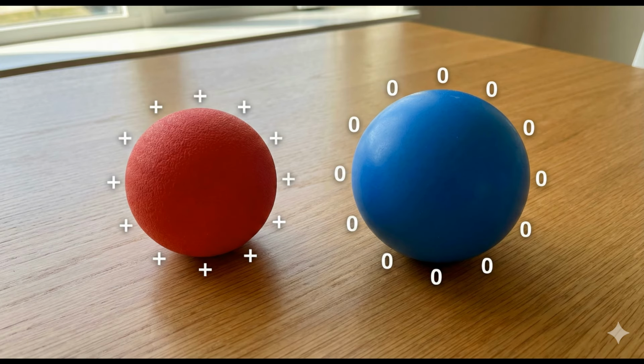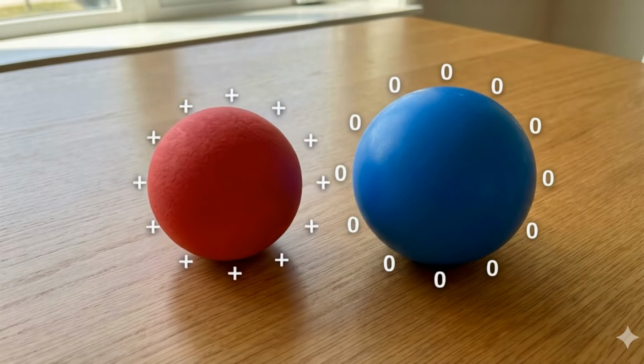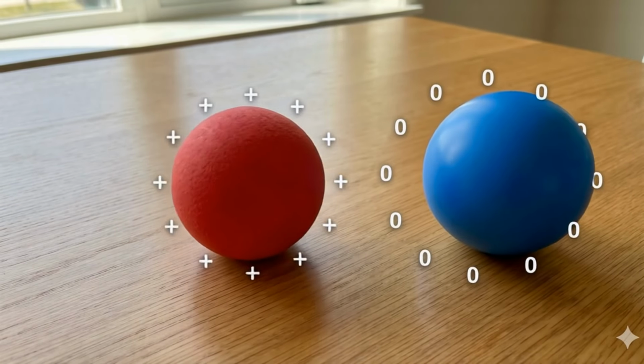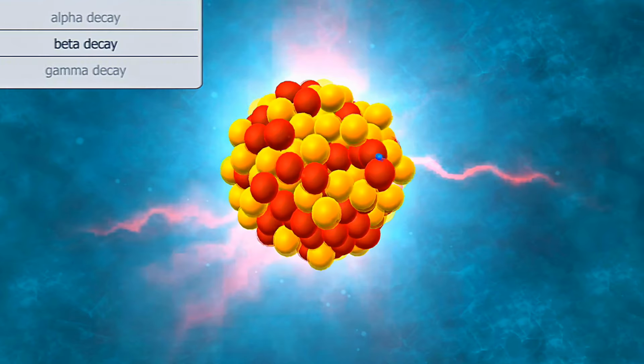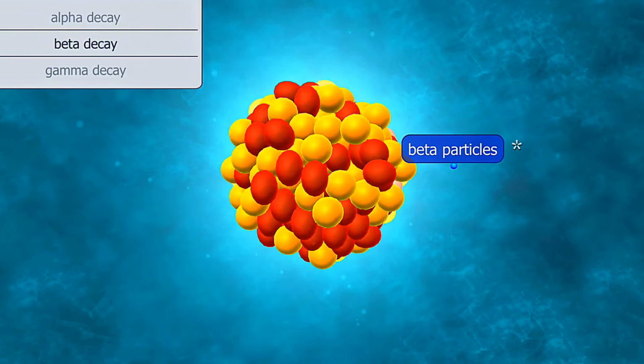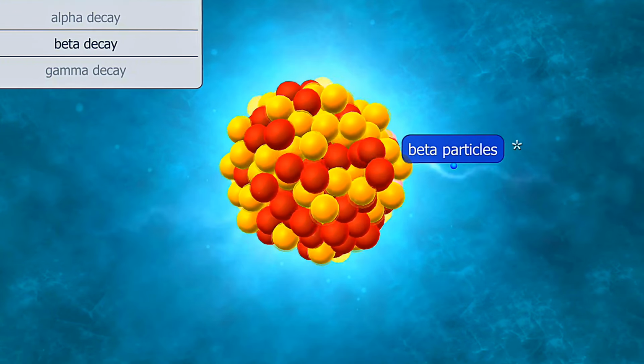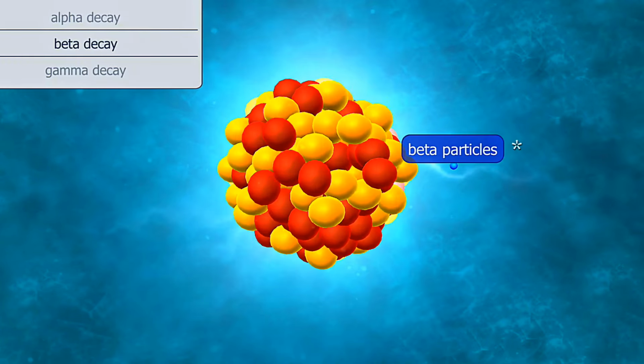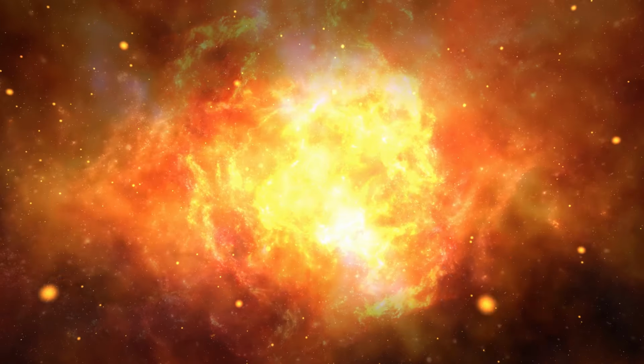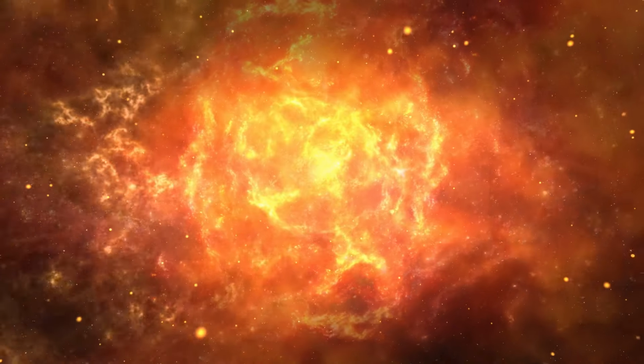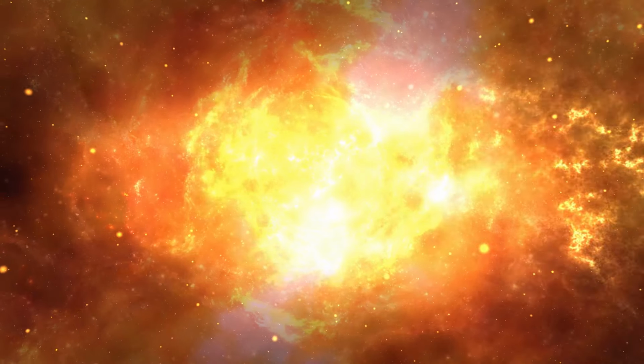What if the proton was the heavier twin? It would be a disaster. A heavier proton would be unstable, it would decay, and since a hydrogen atom is just a single proton, no more hydrogen. No hydrogen means no fuel for stars. No stars means no light, no heat, and no supernova.